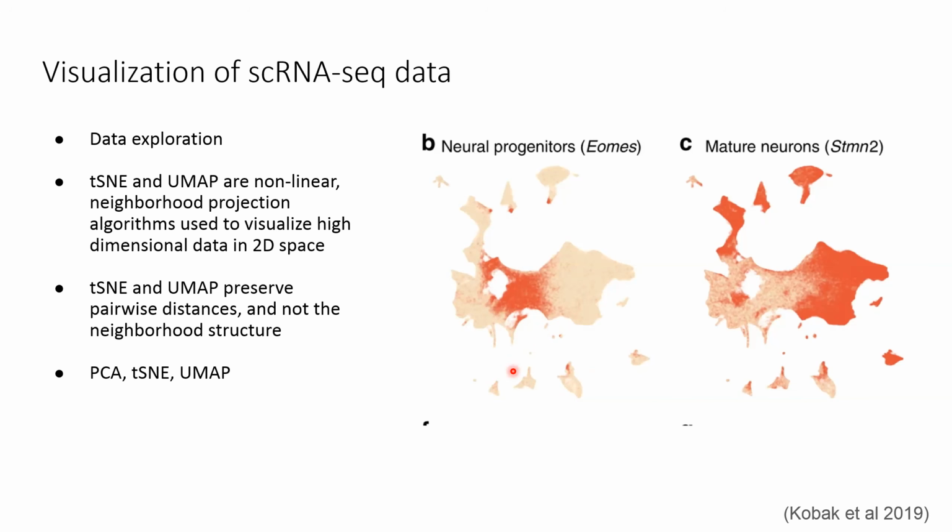And as you can see, this t-SNE projection can be useful for visualizing how broadly marker genes are distributed across a population of cells, where this one's much more broadly expressed and absent in the cells that have this more locally or focally expressed EOMES gene. And then later on, we can check to see whether these subsets of cells with marker gene expression map to the clusters we generate using the unsupervised clustering approaches.